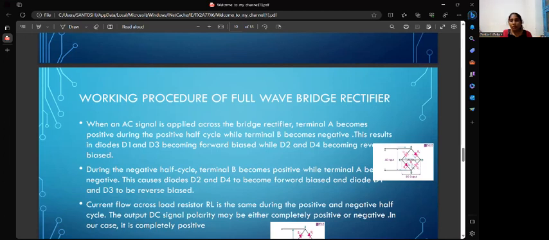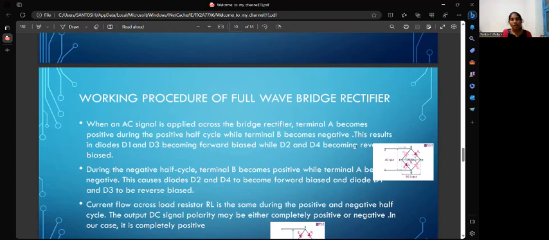This results in diodes D1 and D3 becoming forward biased, while D2 and D4 become reverse biased. During the negative half of the cycle, terminal B becomes positive while terminal A becomes negative. This causes diodes D2 and D4 to become forward biased, and diodes D1 and D3 to become reverse biased.